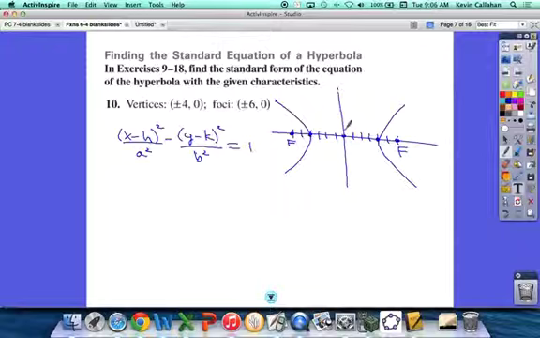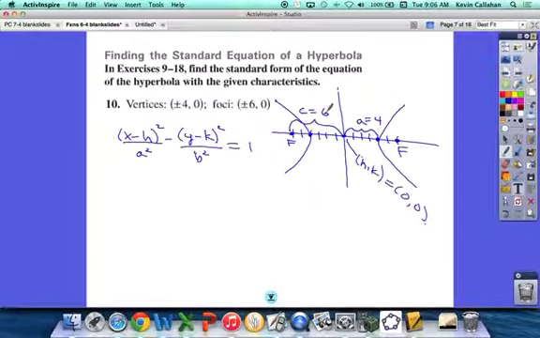So the h, k is 0, 0. What does this distance represent? That's the a. The distance from the center to the vertex is always a, so a is 4. What does this distance represent? That's the c. The distance from the center to the focus is c. So in this case, c is 6.